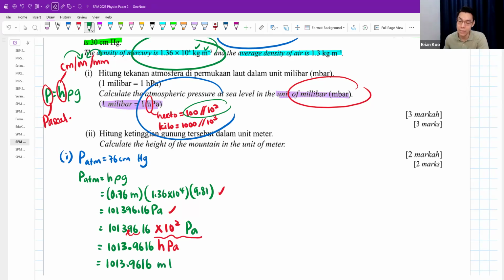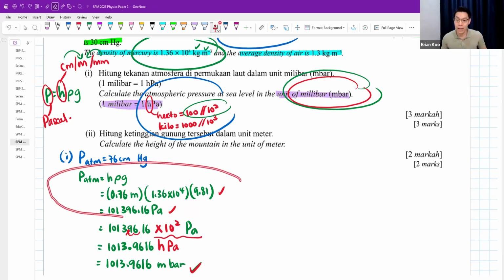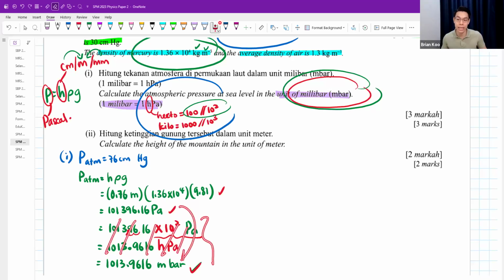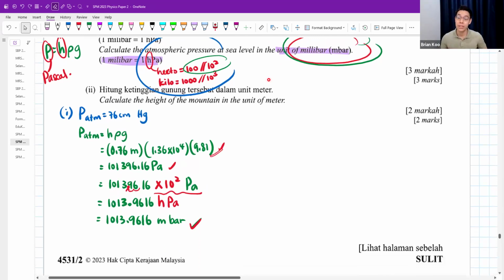How many millibar? This is how you get 3 marks. The difficult part, the part with the most marks, is 2 marks here. Here is a bit tricky, but only 1 mark. So if you don't want to do all this working and you know straight away, can you jump there? Yes, if you know straight away, you can jump straight, because it's just these 3 marks. But this is something that a lot of people maybe don't know.